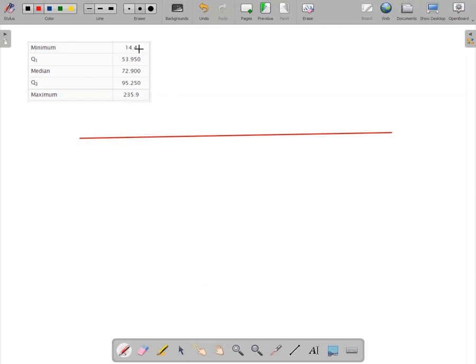All right, so on my number line, I need to go from 14.4 all the way up to 235. So I think to do that, maybe I'm going to start here at 0, and then I'm going to jump by maybe 50s. So what if I did like 50, 100, 150, 200, 250, 300, 350, 400.